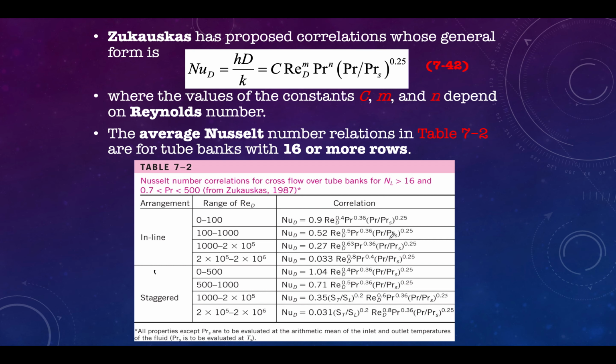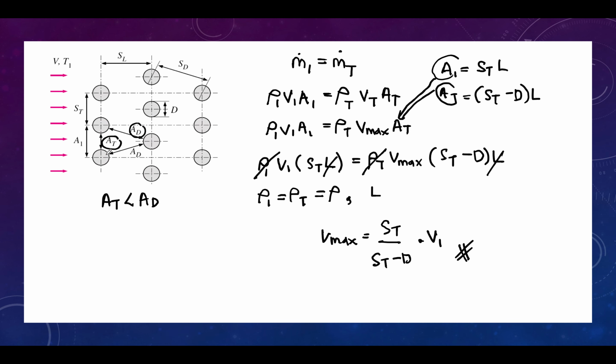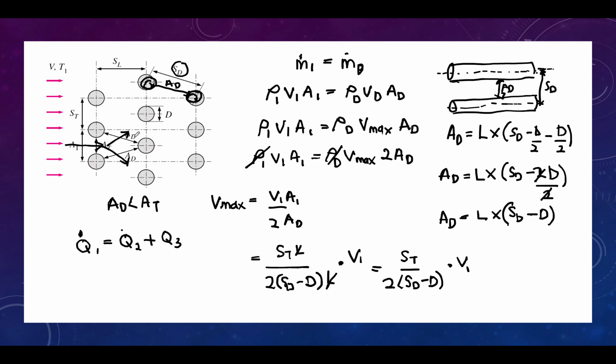Okay? And then if staggered, again you have two different conditions and you need to determine where the V maximum occurs. If you have V maximum at AT, then you will use this equation. If you have V maximum at AD, then you will use this equation for V maximum.